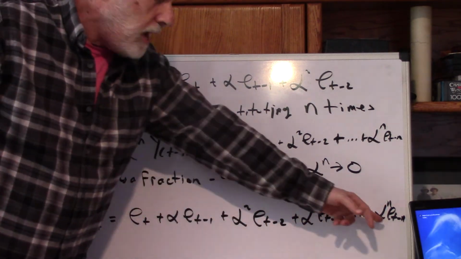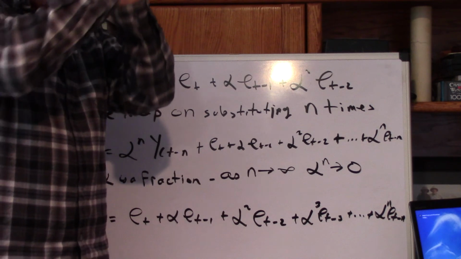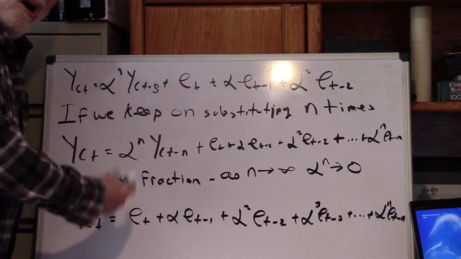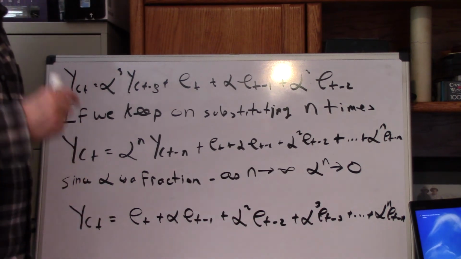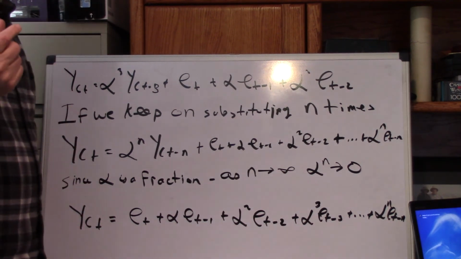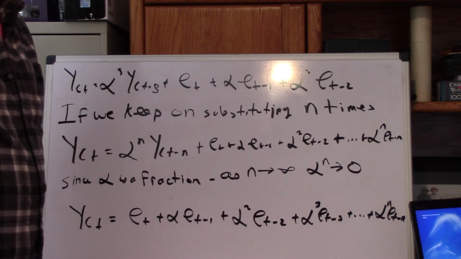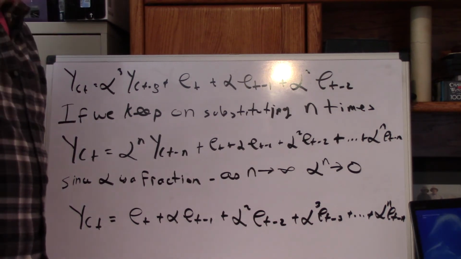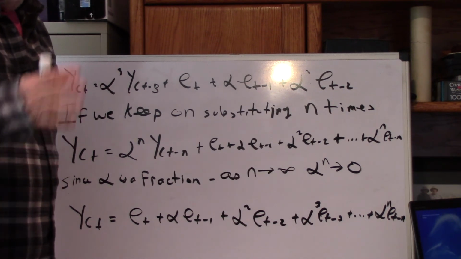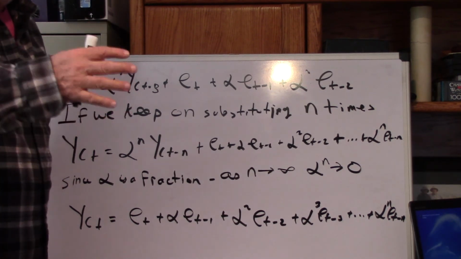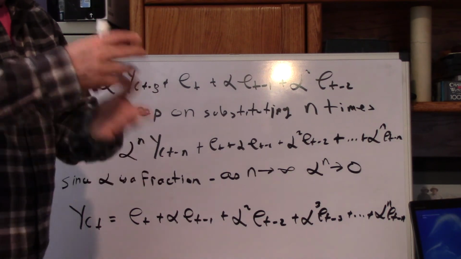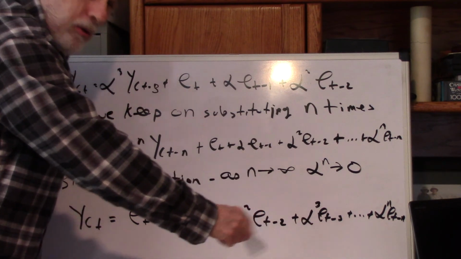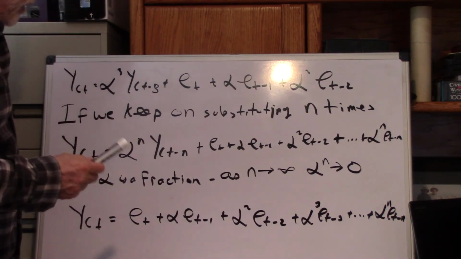So the impact of e_{t-n}, that demand shock n periods ago, is very small on Y^C_t. But if you remember, we were doing dynamic modeling with the Solow growth model, showing how, if you're away from the steady state, you'll naturally move to the steady state over time. And this is over time as well. Now we're looking backwards. We can actually look forwards, but that's not critical right now.